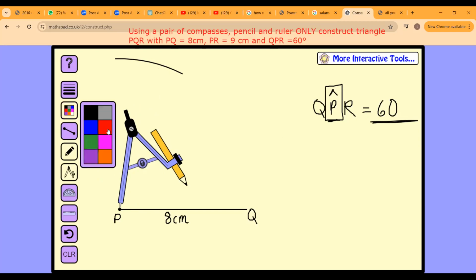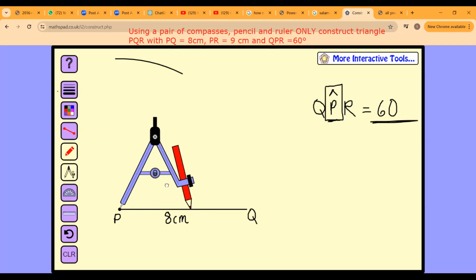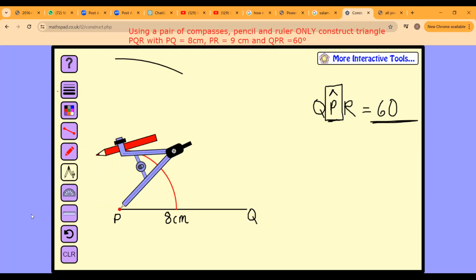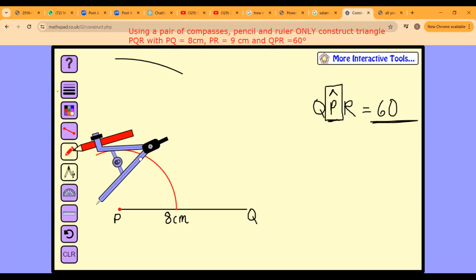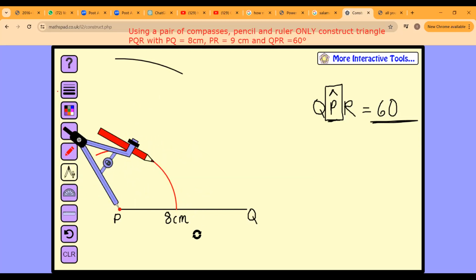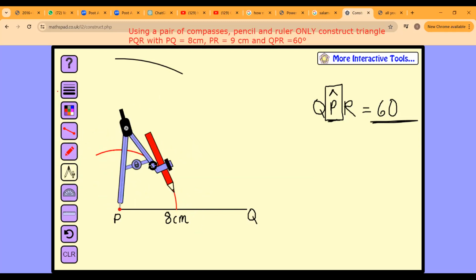We put the compass point at P and then we draw an arc in the middle. So we draw this arc. What else?